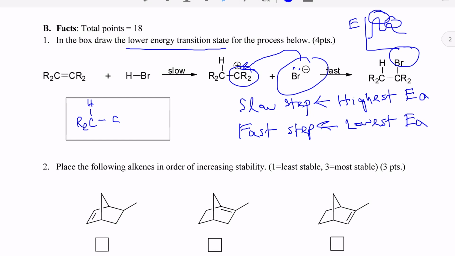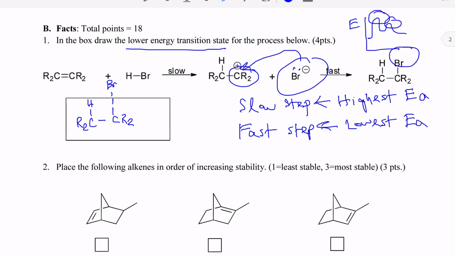So now we have the carbon, but it's forming a bond with the bromine, right? The formation or cleavage of a bond is usually indicated using dashed notation. So we include that bromine there.